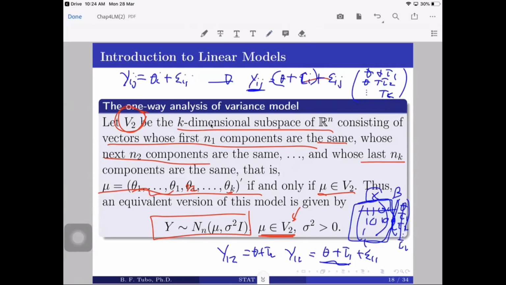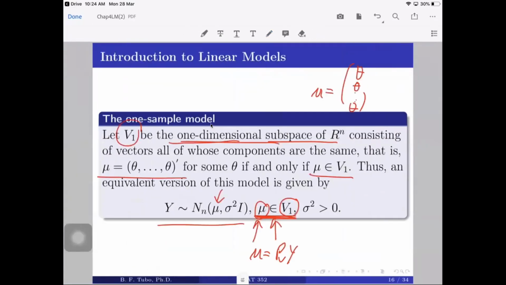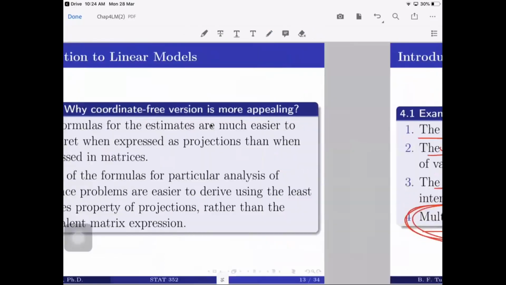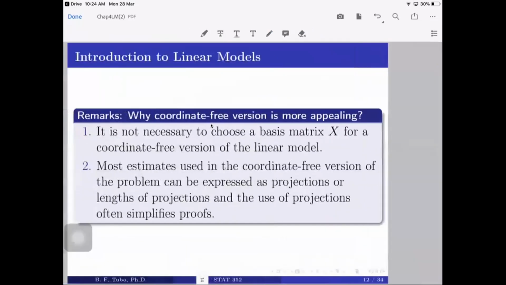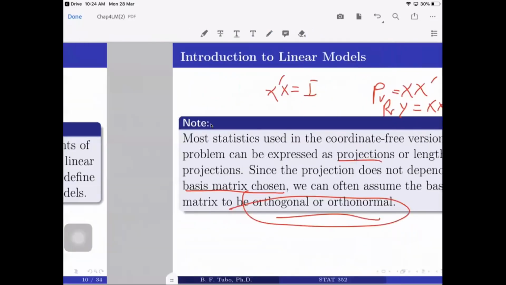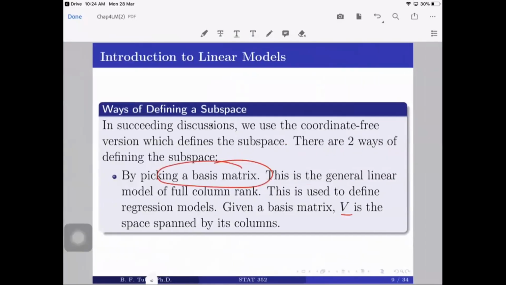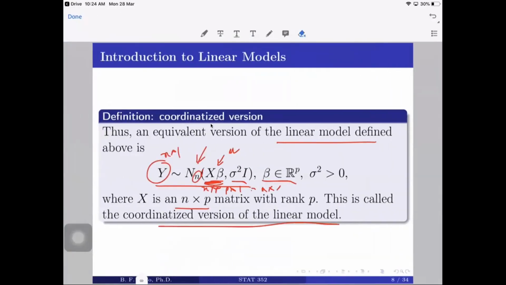So if you look at the coordinatized version from earlier, this is your coordinatized version.